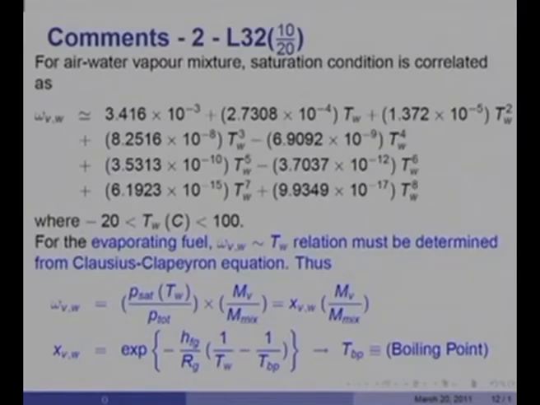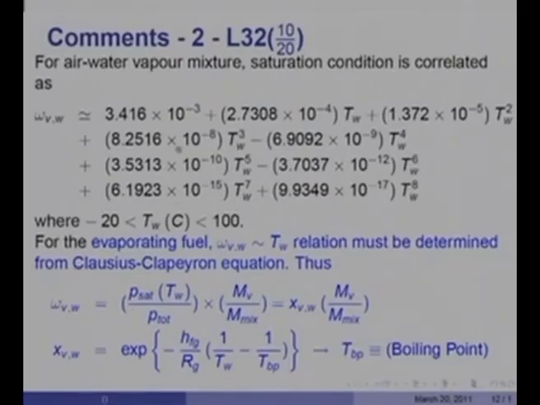The values corresponding to this have been correlated here as omega Vw as a function of Tw for the range of Tw minus 20 to 100. For computer applications, in order to help iterations, one can use this relationship or simply try by hand. This is just for your information.